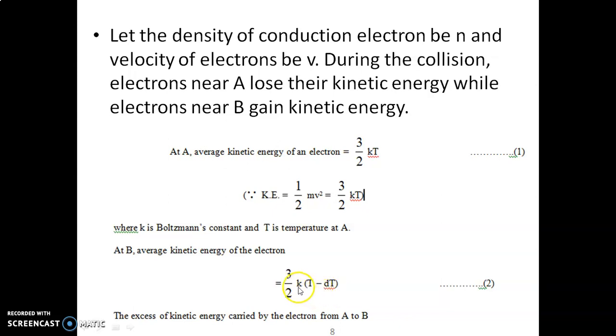Now, we want to calculate the excess of kinetic energy carried by an electron from A to B. For excess of kinetic energy, we need to subtract equation 2 from equation 1.